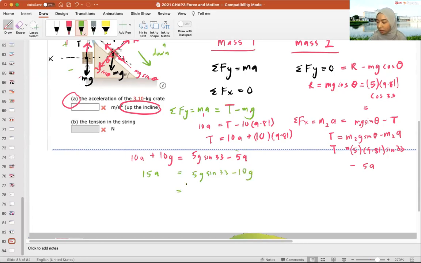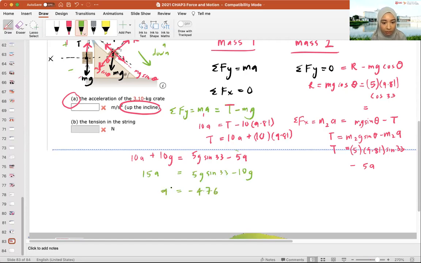Okay, so now I can solve it. So 5 times 9.81 times sine 33 minus 10 times 9.81 divided by 15. Tolong double check my kerja. I get minus 4.76.